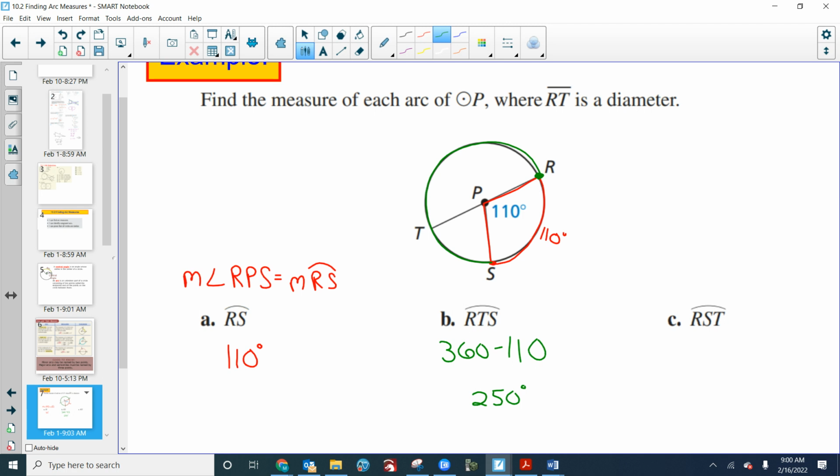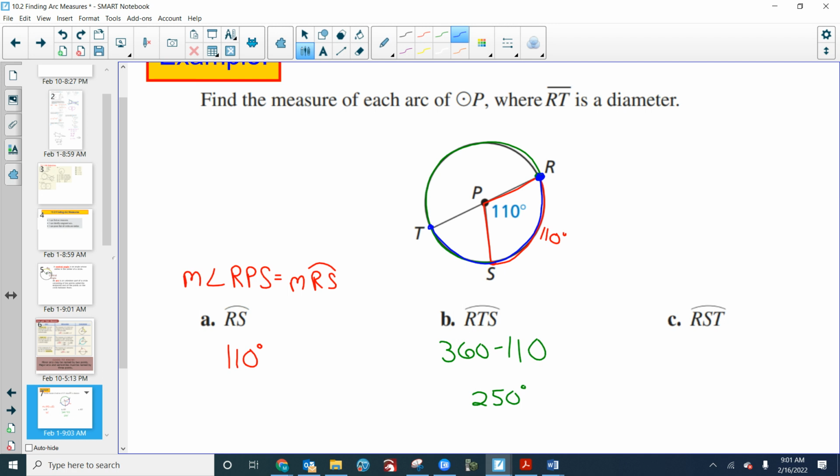Now, what about RST? R, here's the blue one. Careful. What's RT called again?